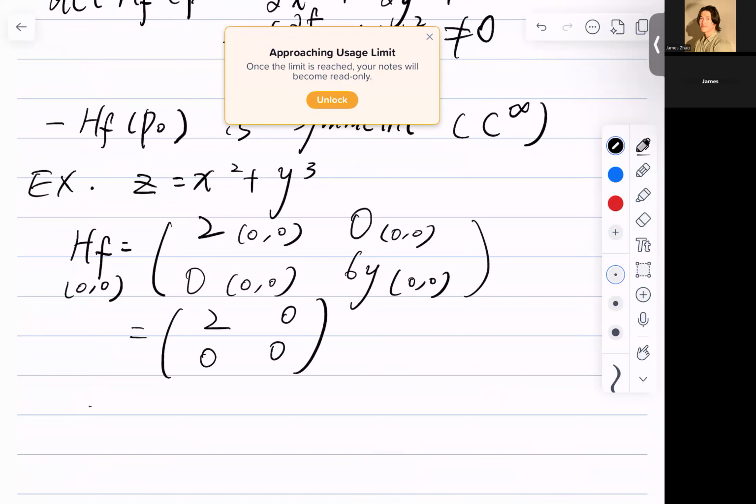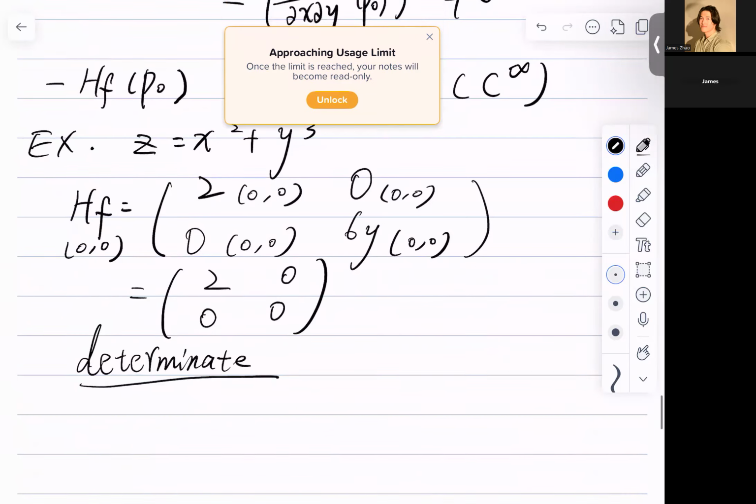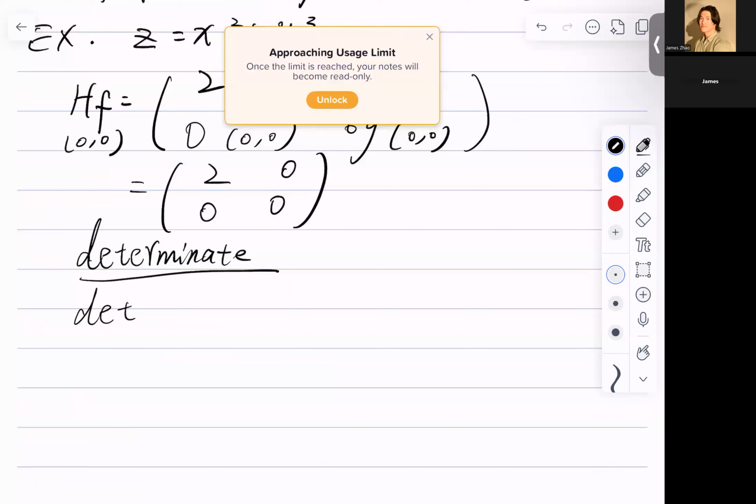And clearly, we can compute the determinant of this Hessian. So the determinant of the Hessian becomes 2 times 0 minus 0 times 0, right? Which gives us 0.